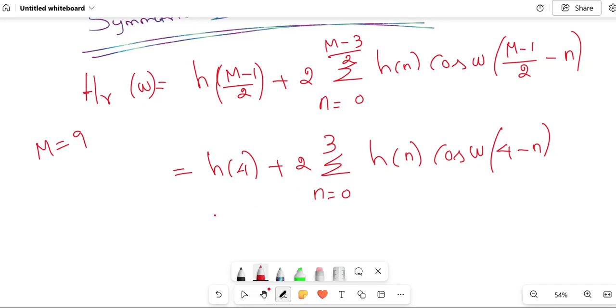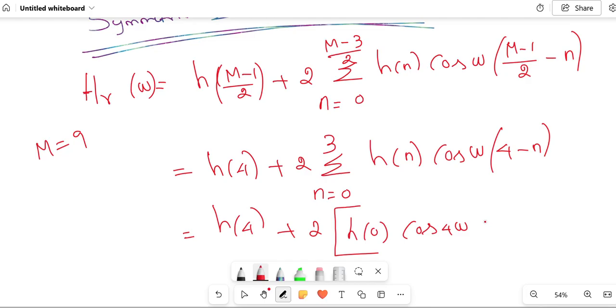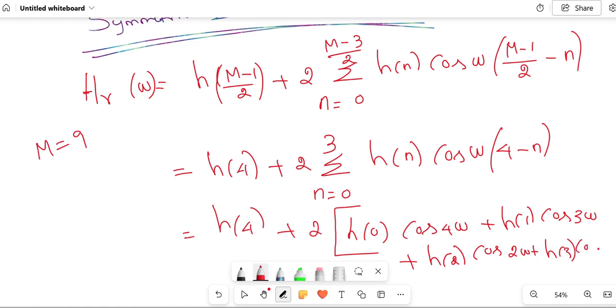So now you can write h of 4 plus 2 into, substituting n equals 0 to 3, h of 0 into cos 4 omega, plus h of 1 into cos 3 omega, plus h of 2 into cos 2 omega, plus h of 3 into cos omega.